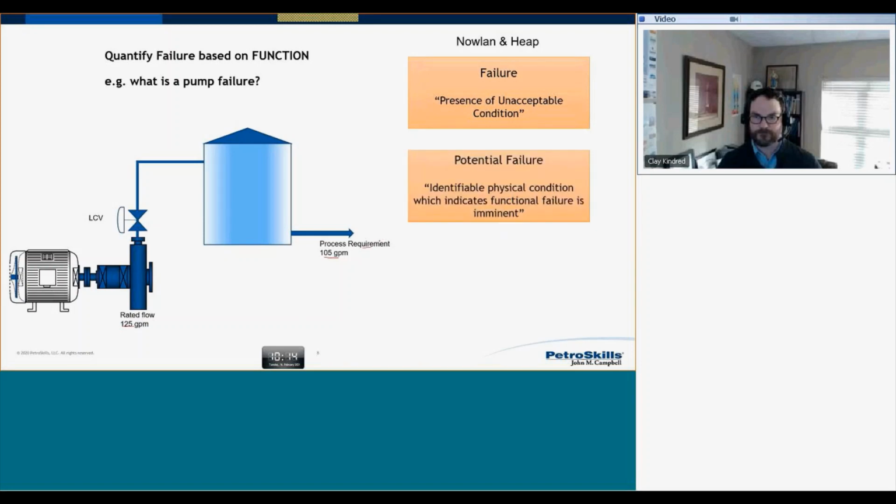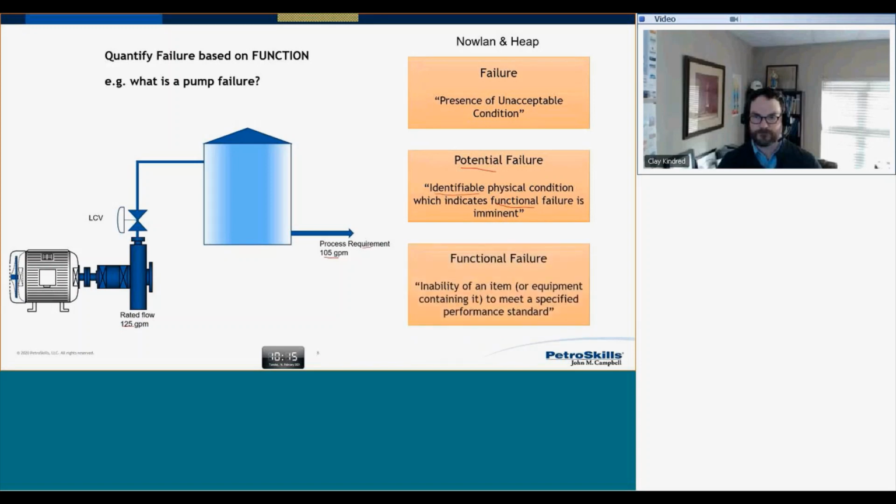Well, they then went on to say a potential failure is an identifiable physical condition which indicates a functional failure is imminent. Now, imminent does not necessarily mean today or tomorrow. It just means we can predict when this failure is going to happen, or we know that the failure is going to happen.